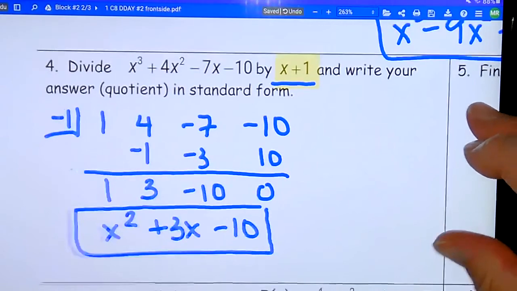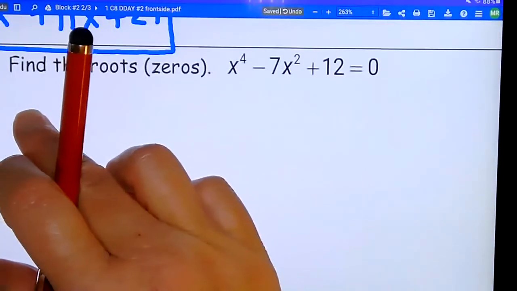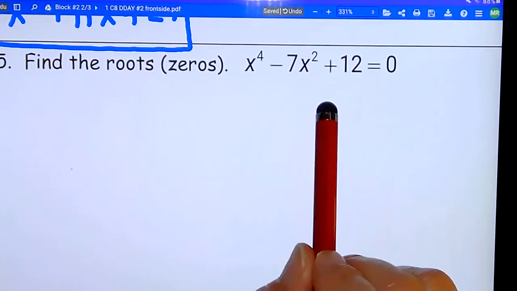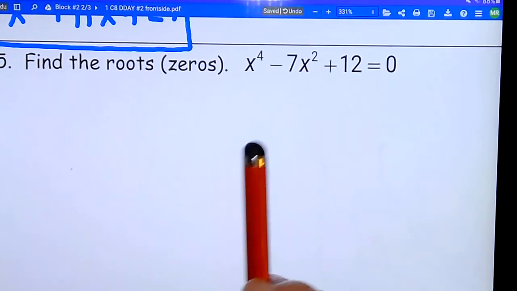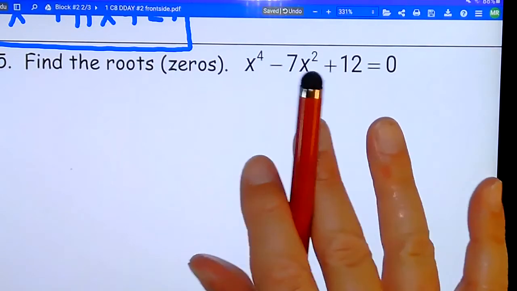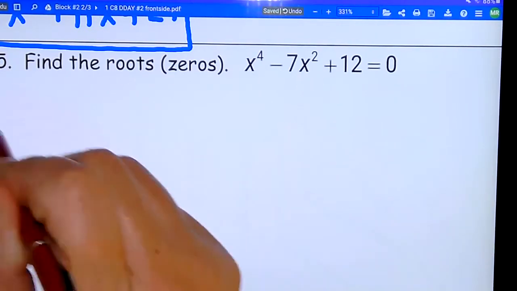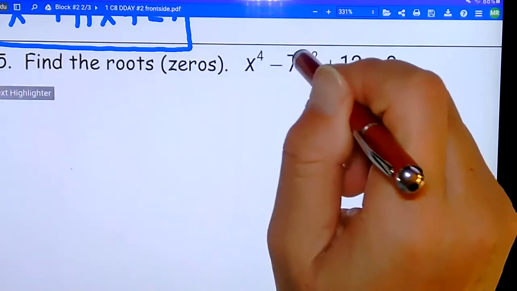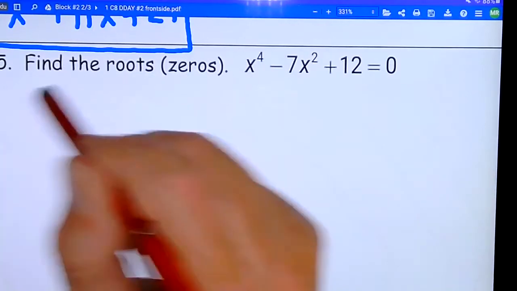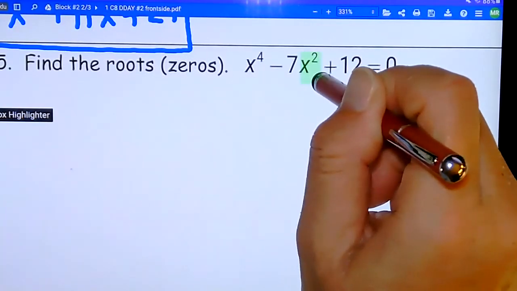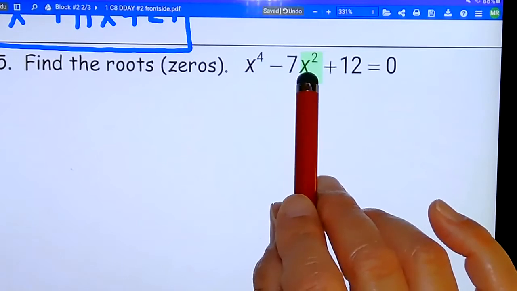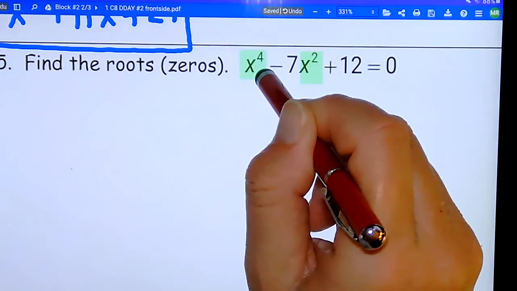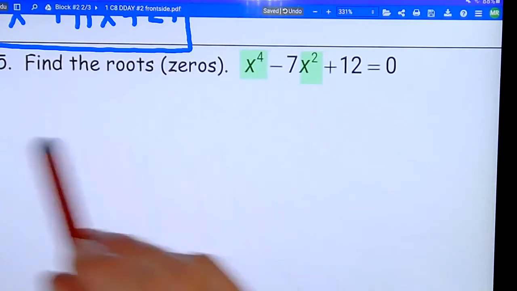On number 5, find the roots, or zeros. Now for this one, I notice that this one is quadratic in nature. What I mean by that is, first off, you need to have a trinomial, and you look here and you see that this x squared, this middle variable here, if I squared that, I get this, then it's quadratic in nature.